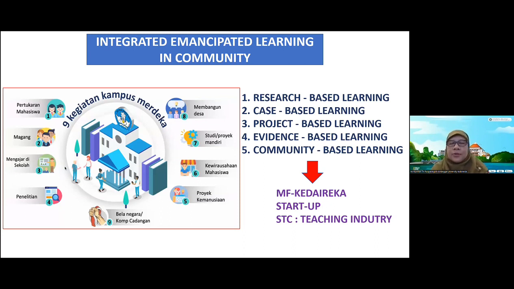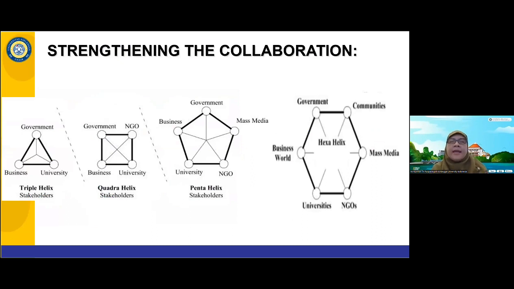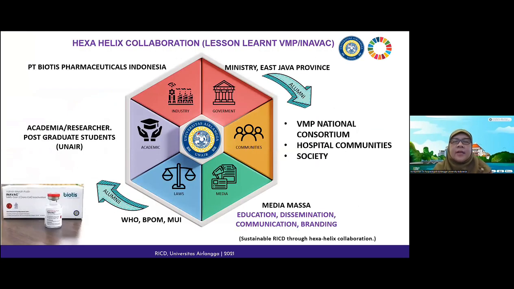So then we also give learning about COVID. We are developing a vaccine for COVID-19, and we successfully did this by adopting the hexa-helix collaboration scheme. So we know triple helix, penta, quadra, and hexa. So we successfully produced it. Now we have the vaccine Inavac.